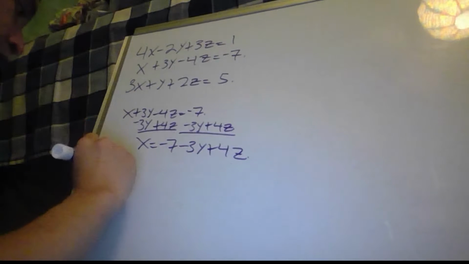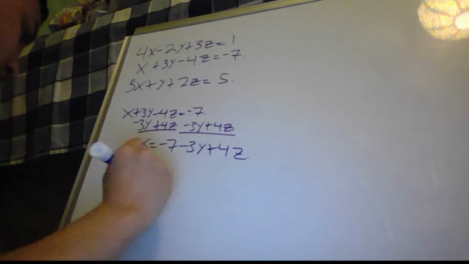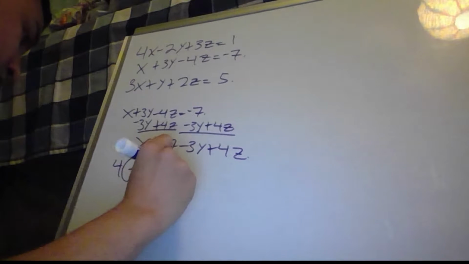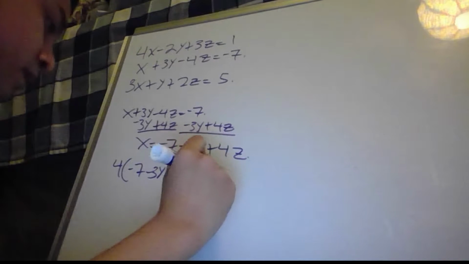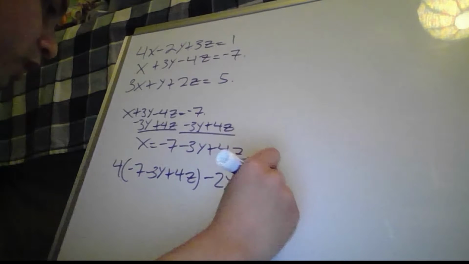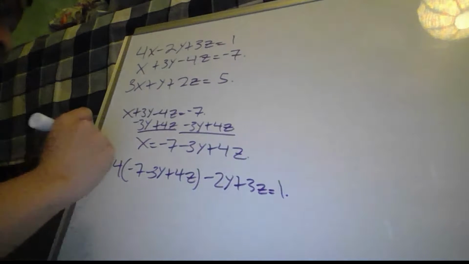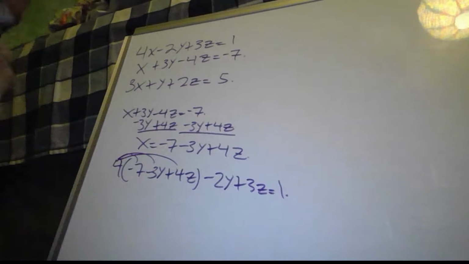So 4 times negative 7 minus 3y plus 4z, minus 2y plus 3z equals 1, right? We then distribute, right?